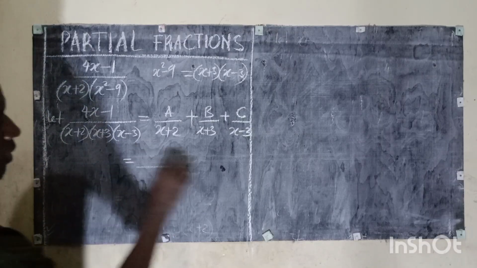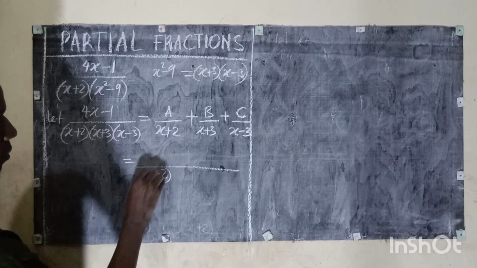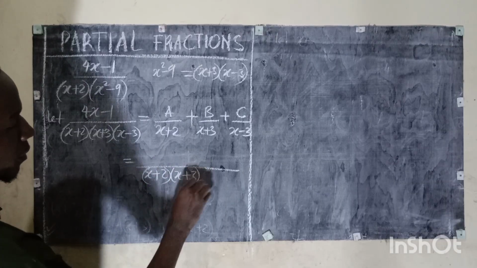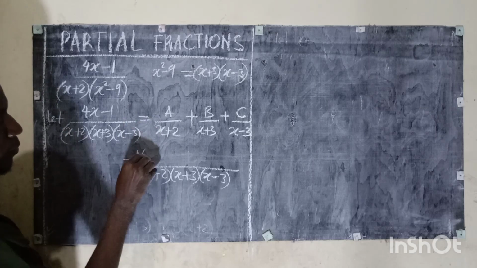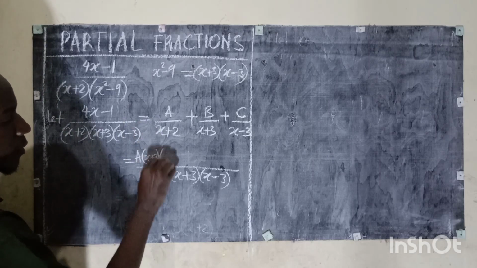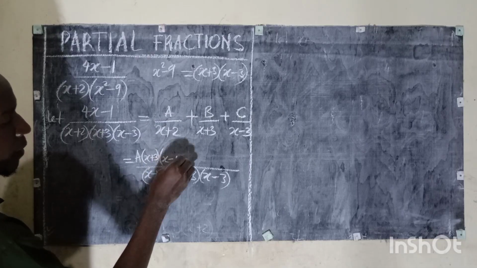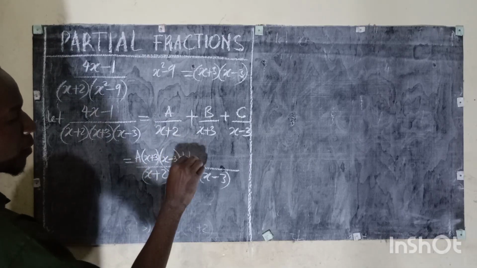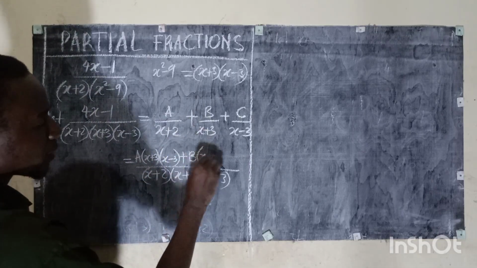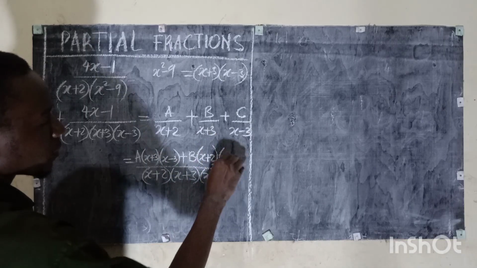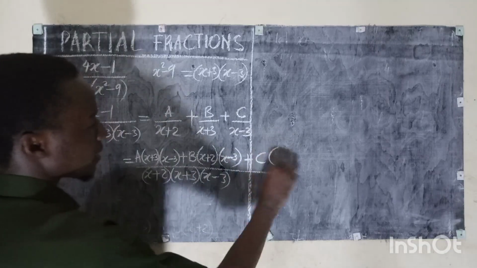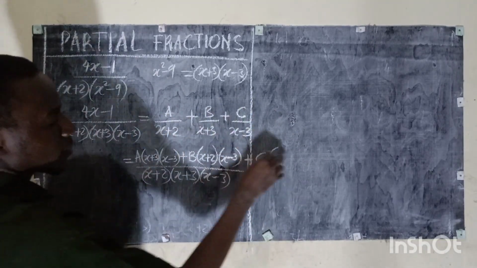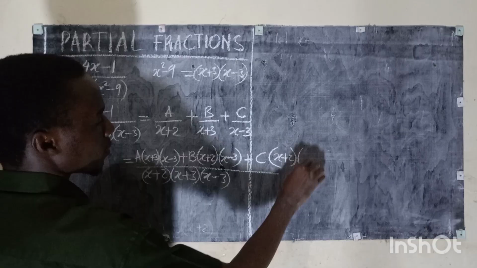We shall find the LCM here, which is (x + 2)(x + 3)(x - 3). So in our numerator we shall get A into (x + 3)(x - 3), plus B into (x + 2)(x - 3), then plus C into (x + 2)(x + 3).